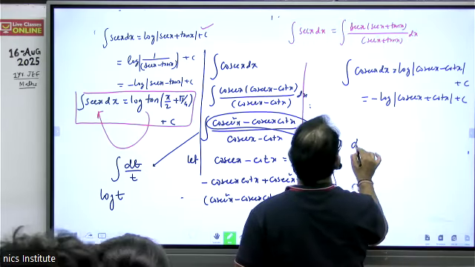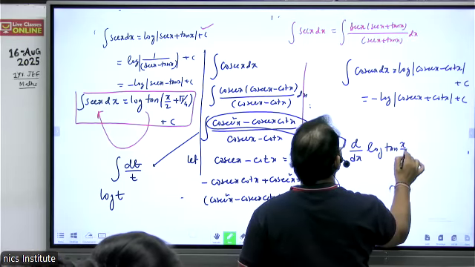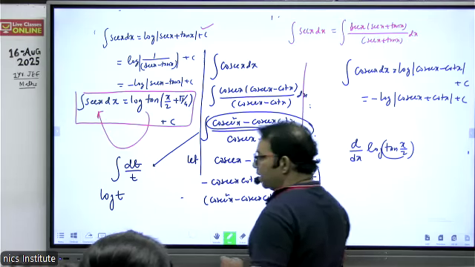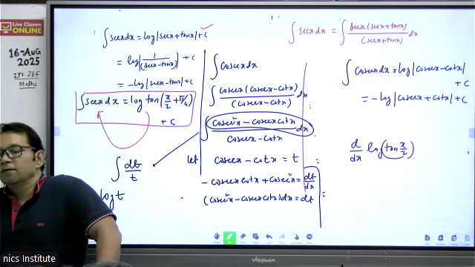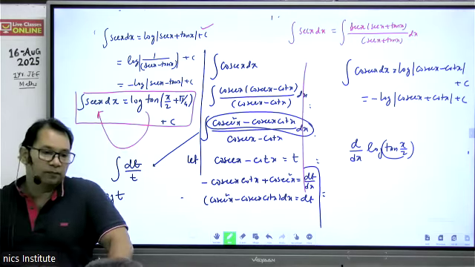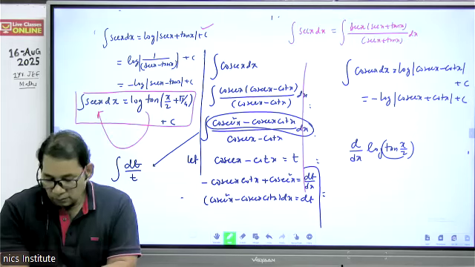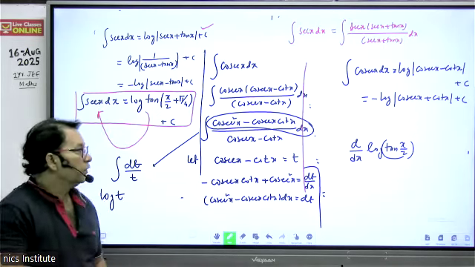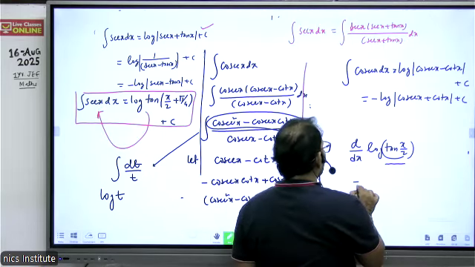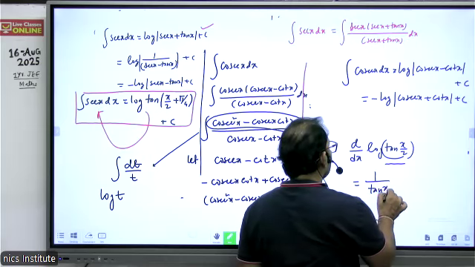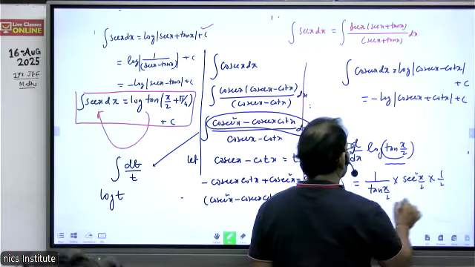And do one thing, tell me derivative of log of tan x by 2. Can you find derivative of log of tan x by 2? Chain rule. Assume tan x by 2 as x. So it will be 1 by tan x by 2, derivative of tan x by 2, which gives 1 by sin x.